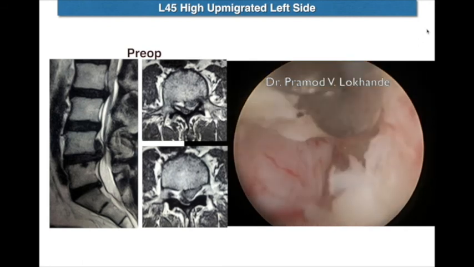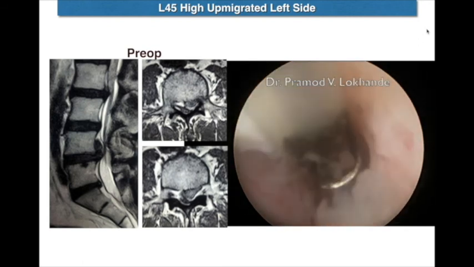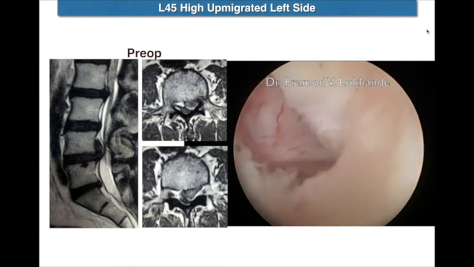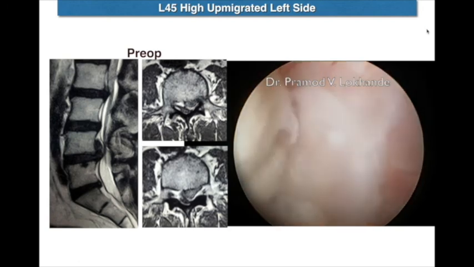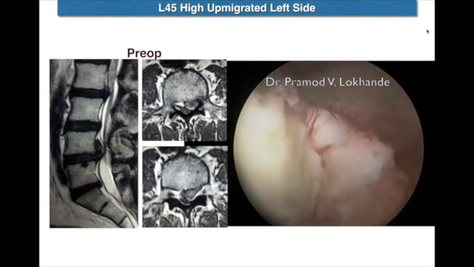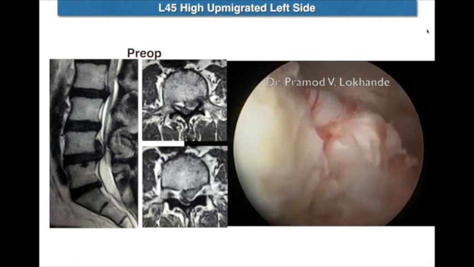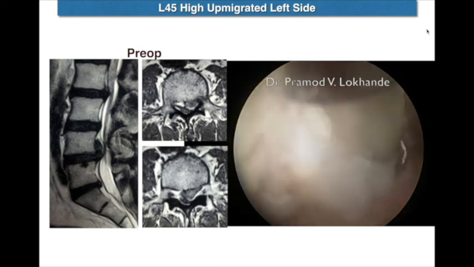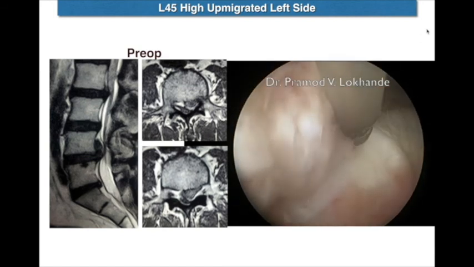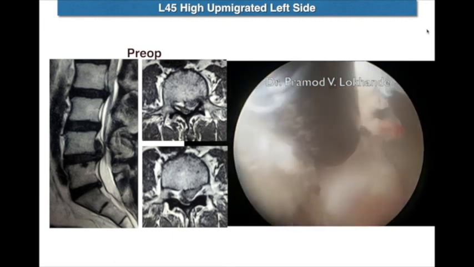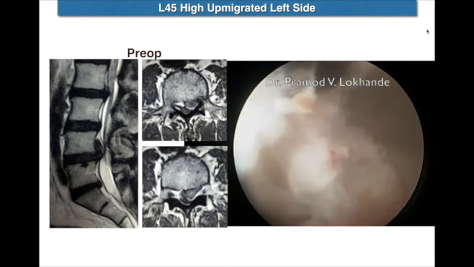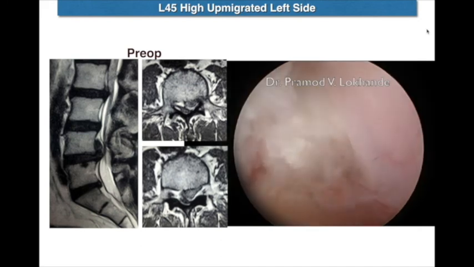Hemostasis is achieved. Lateral border of the nerve root is identified. The cannula retracts the nerve root to expose the extruded disc herniated fragment. This is the extruded fragment, which is then removed with a forceps.